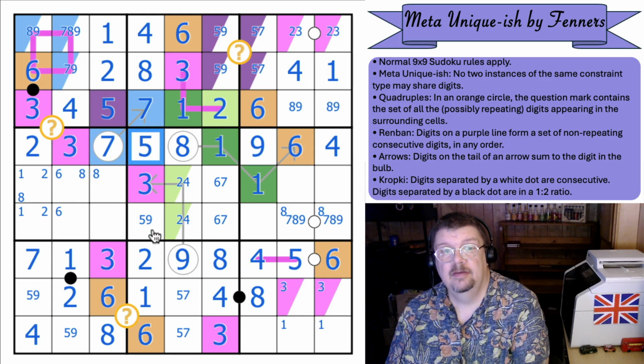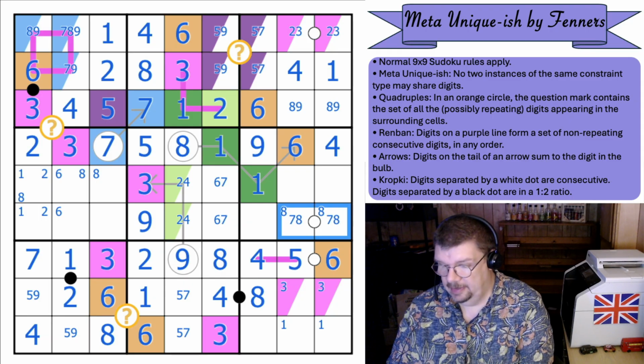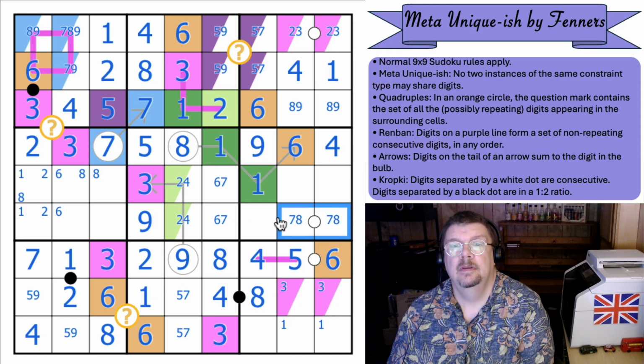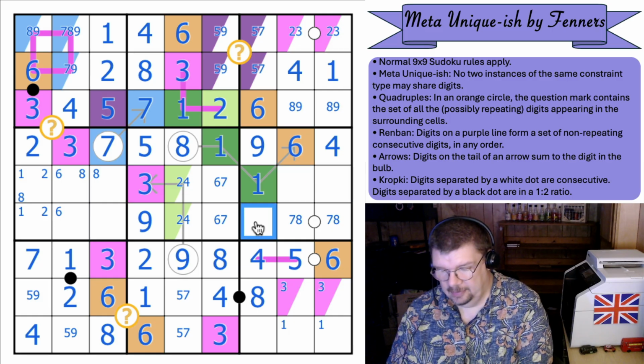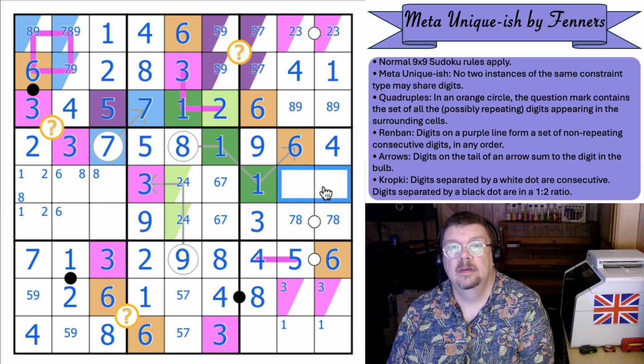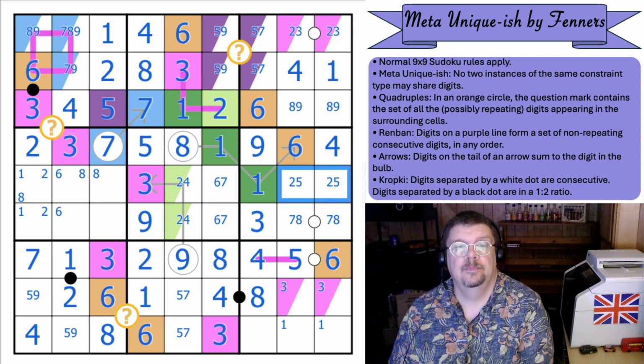That makes that 5. That's 9. That is now a 7, 8 pair. And we need 2, 3, and 5. Those can't be 3 by Sudoku, so that's 3. And that is a 2, 5 pair.